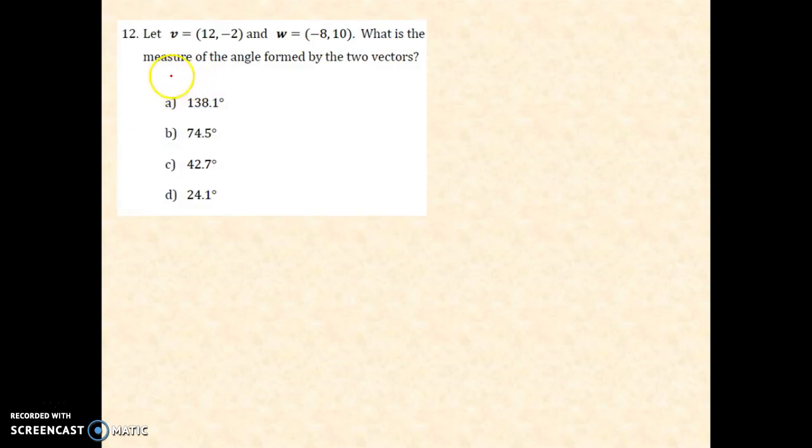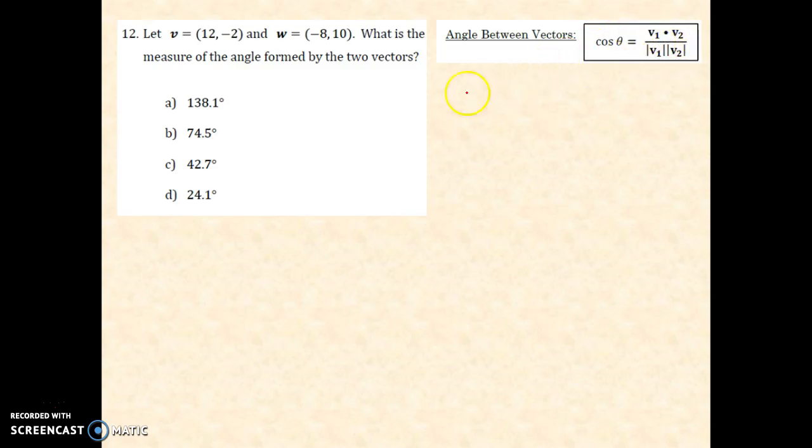Alright, what is the measure of the angle formed by the two vectors? Here's our formula. Cosine theta is dot product over product of magnitudes. So dot product, 12 times negative 8 plus negative 2 times 10, over the product of their magnitudes.